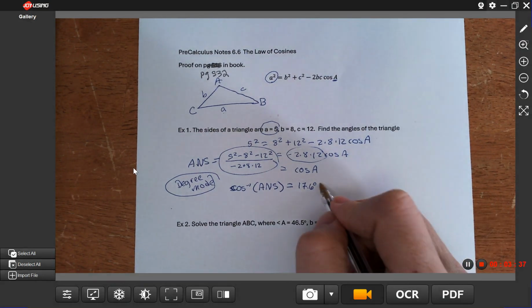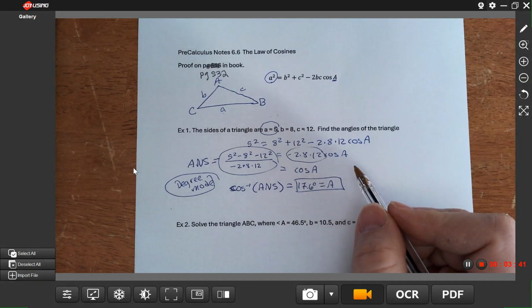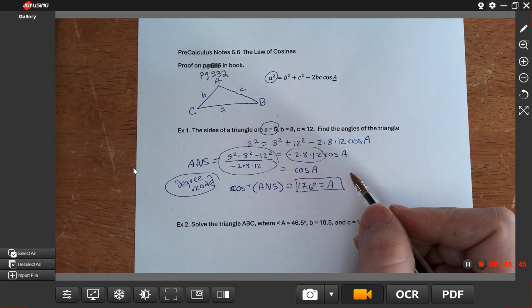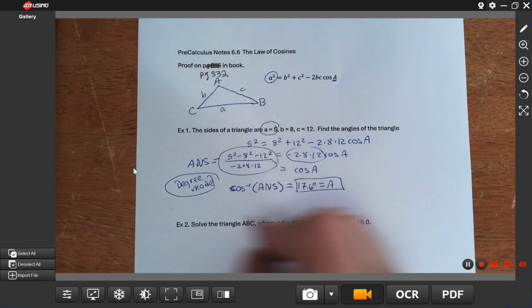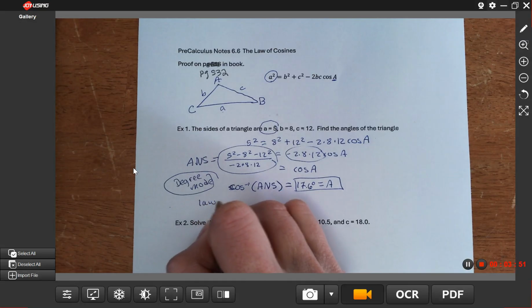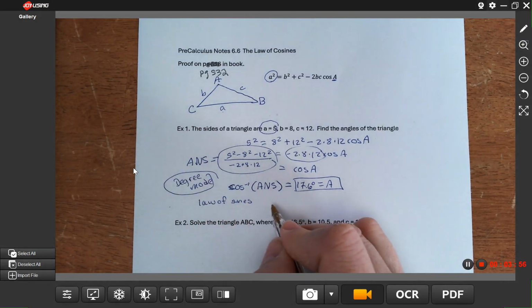So we were trying to find all of the angles and we have one of them. So we've got 2 more angles, B and C. You could use the law of cosines, but the law of cosines has more steps in it than the law of sines. So now I would use the law of sines because we have enough information to do that and it's easier.